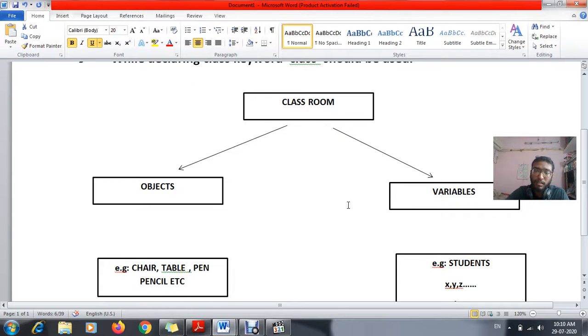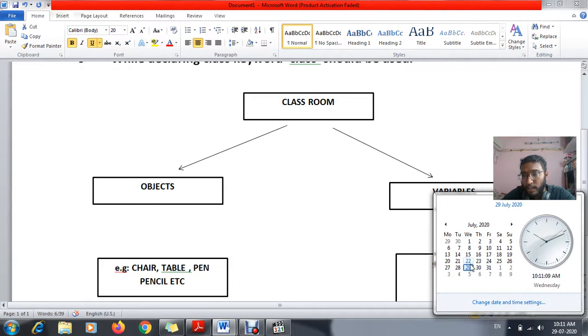Suppose a child is taking birth. That particular hospital will consider that particular day as the date of birth. If a baby is born today, and today's date is 29/7, then that particular boy's date of birth will be 29/7/2020.